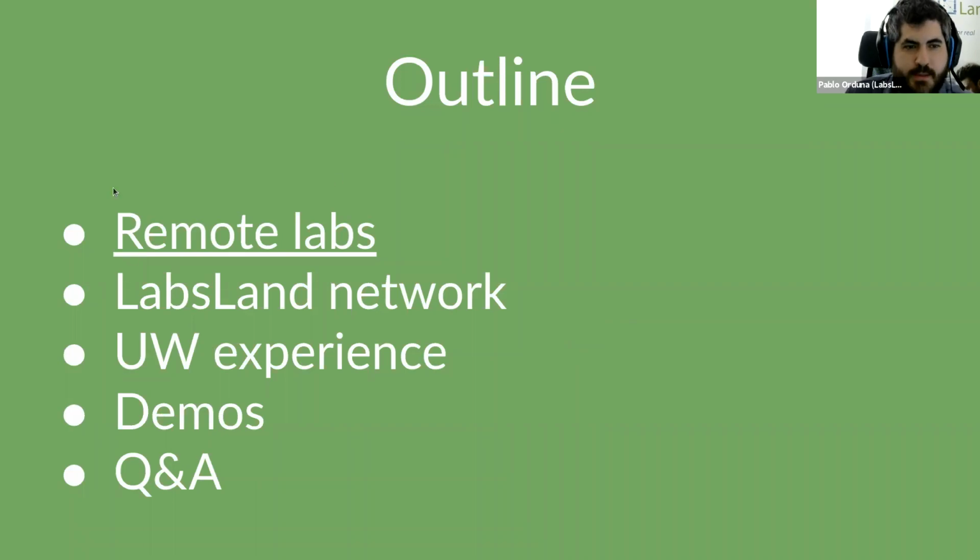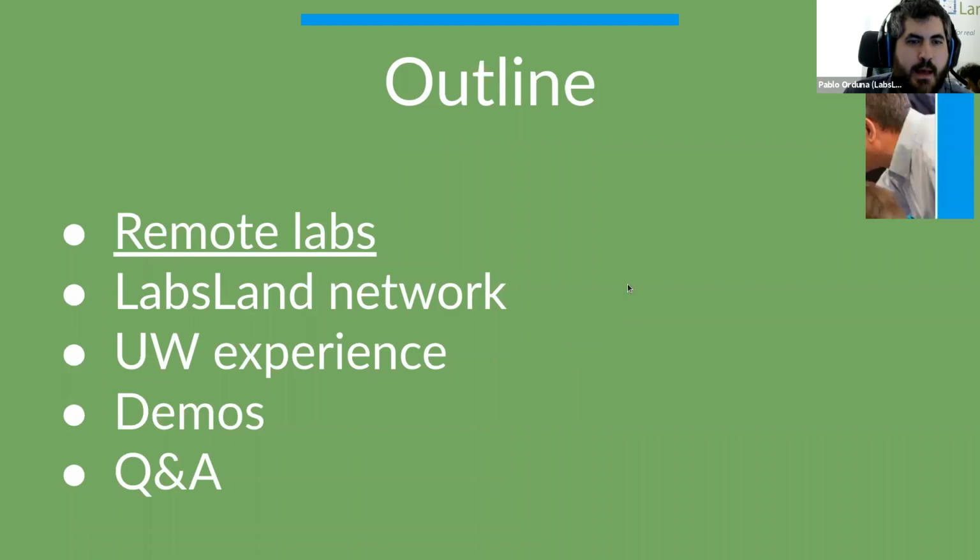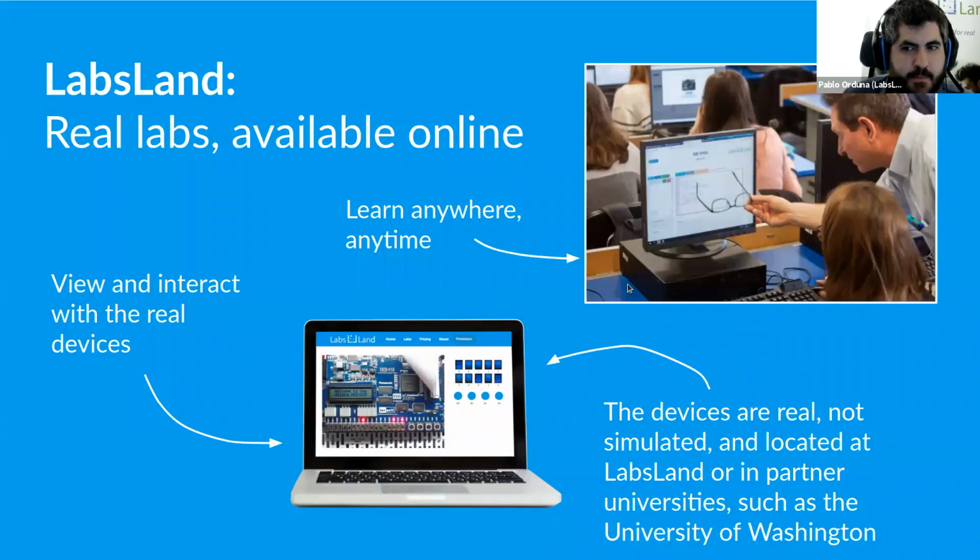So the first point is remote laboratories. For those of you who are not familiar with them, a remote laboratory is essentially a system that allows students to access remotely laboratories which are located somewhere else on the internet. For example, here the student can be using a computer. This is pre-COVID, that's why you can see them in the same classroom.